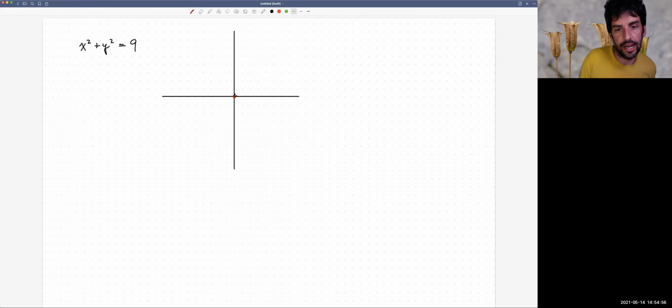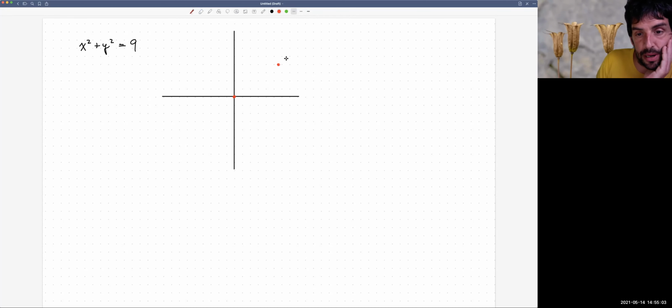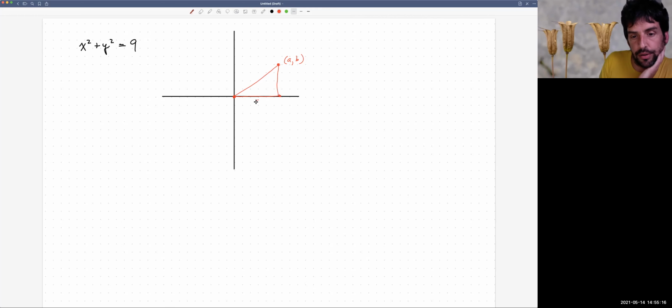So if I have a point out here somewhere, let's say it's a point that satisfies that. What's true about that point, if it has A and B, well, I can draw a little triangle, right? And if this is the x coordinate and the y coordinate, this will be A, this length will be B.